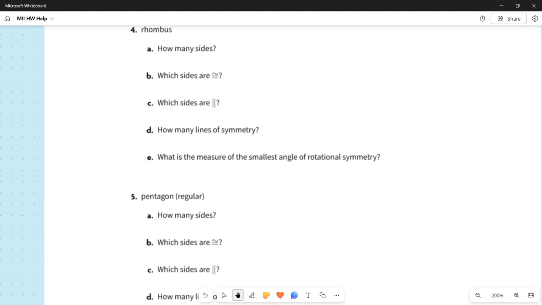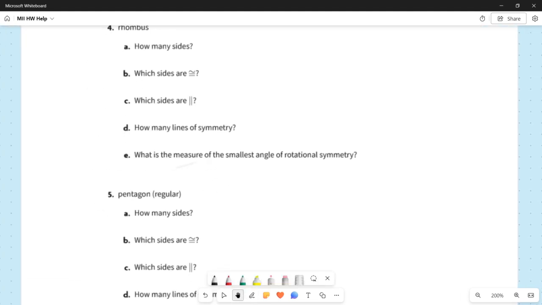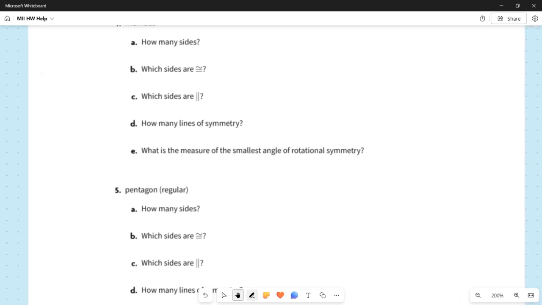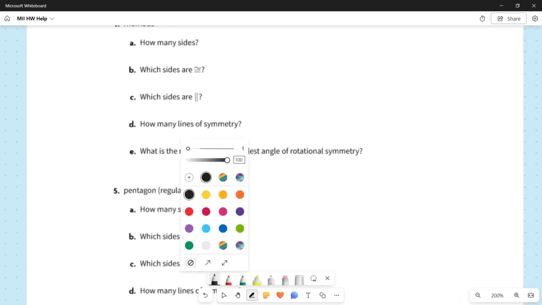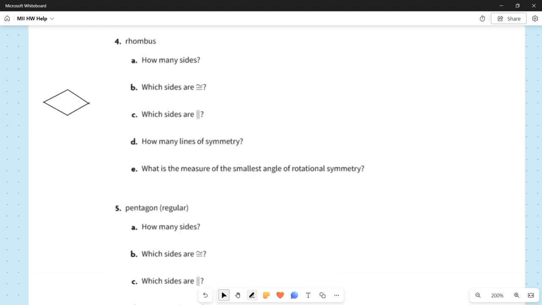Okay. So that's my rhombus. And a rhombus is a quadrilateral, so it has four sides.